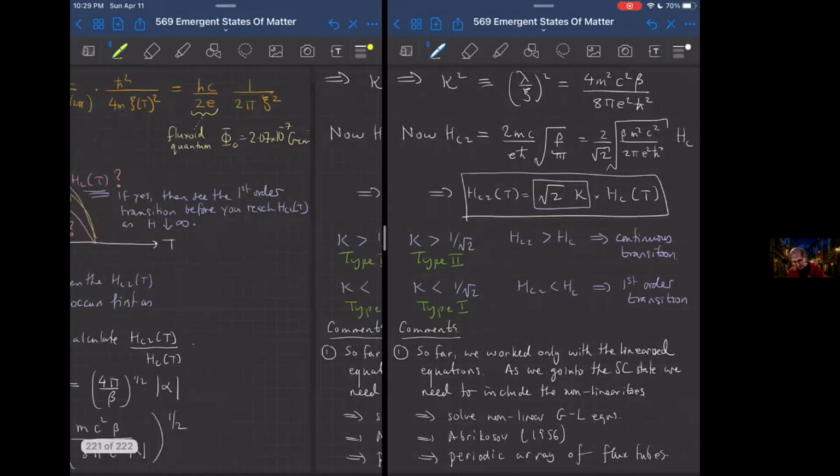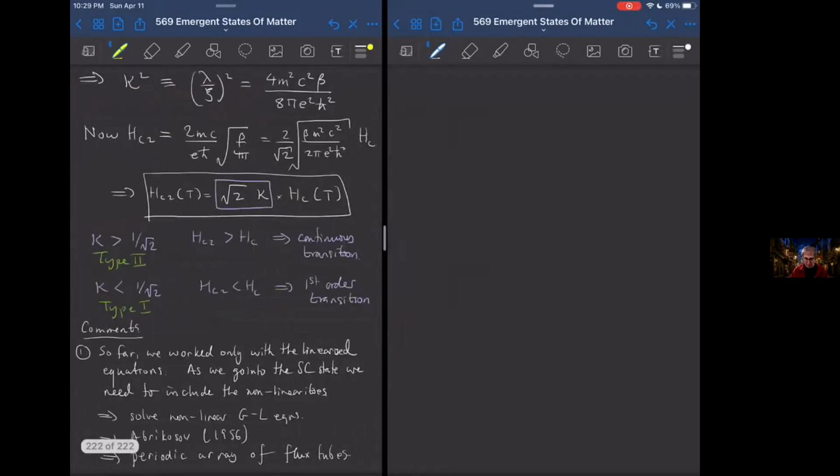And this is the result that you will derive in the homework. You'll derive this using gauge invariance, in a rather elegant way, so much different from the way that Abrikosov did this.